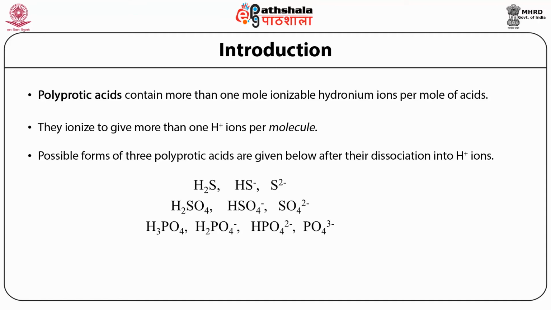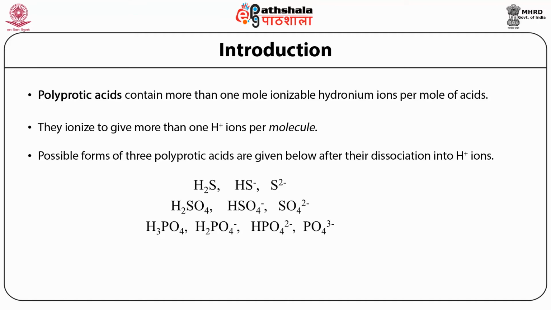Similarly, phosphoric acid, H3PO4, after dissociating a proton or H plus, forms the H2PO4 minus anion. Then it further loses a proton and forms the HPO4 2 minus anion, and it further loses a proton and forms the PO4 3 minus anion. These acids ionize in several stages, giving out one proton at each stage.